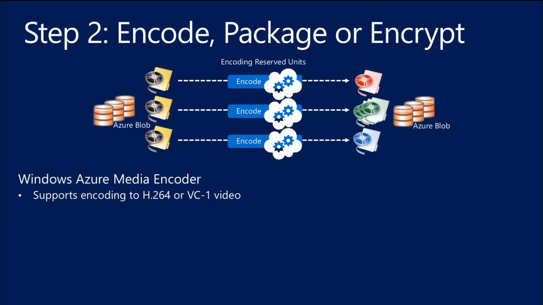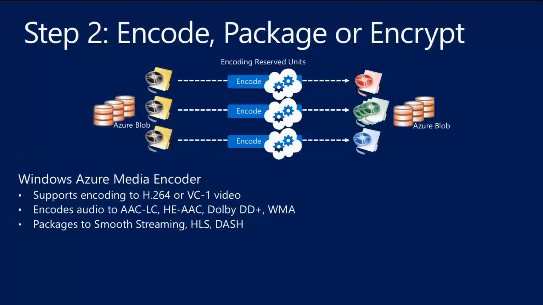That's the supported encoding codec, and that's the audio support. And we support packaging to Smooth Streaming, HLS, and Dash. If you are not familiar with Dash, Dash is basically foreseen as the future standard for adaptive streaming. Smooth Streaming is a proprietary solution from Microsoft, which traditionally is streamed through an IaaS media server. HLS stands for HTTP Live Streaming.